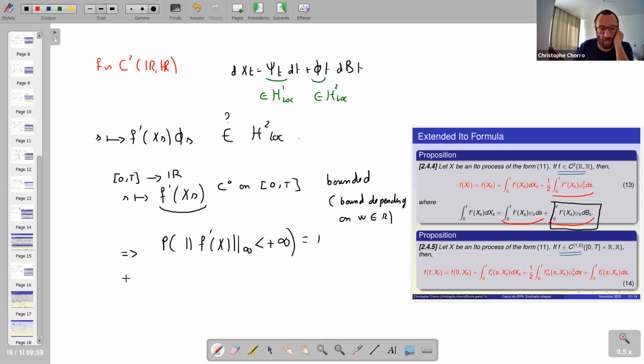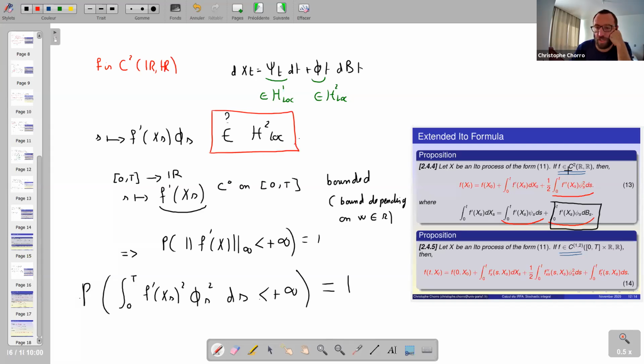Necessarily, if you consider the integral of f prime of Xs squared phi of s squared ds, the probability that this is finite will be equal to 1, because, I repeat, this has a supremum that is finite P almost surely. And so I have exactly this.